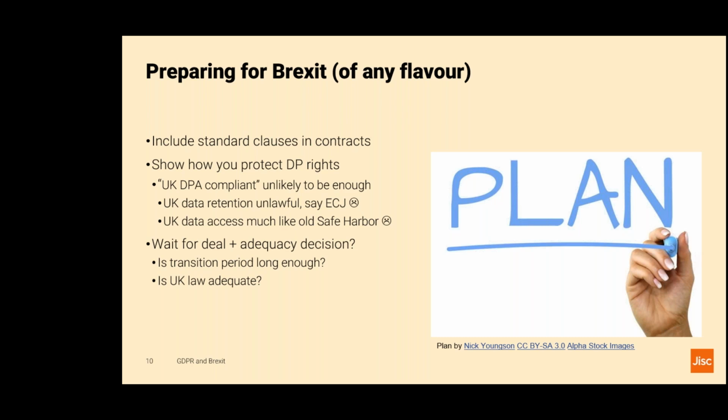And as above, would UK law be found adequate anyway? So you could take that approach, at least as of today, but that's possibly just postponing the problem. And if it does go wrong, you'll have even less notice of having to bring in one of the other provisions.